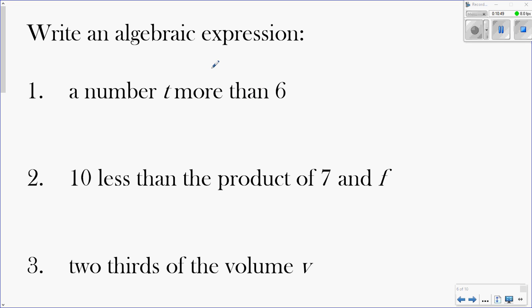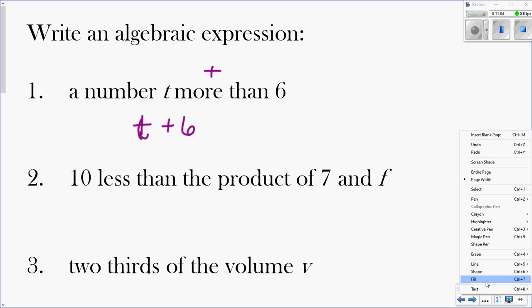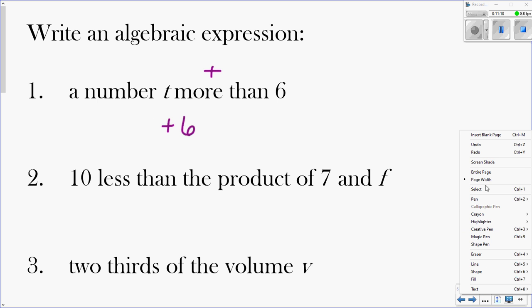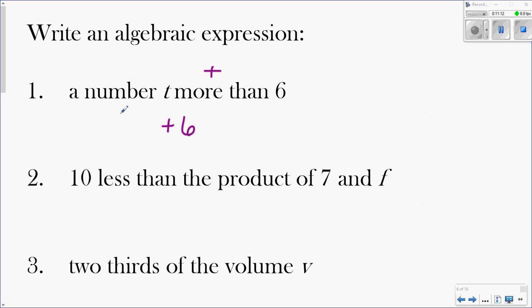So we know that we're adding. So it would be t plus 6.